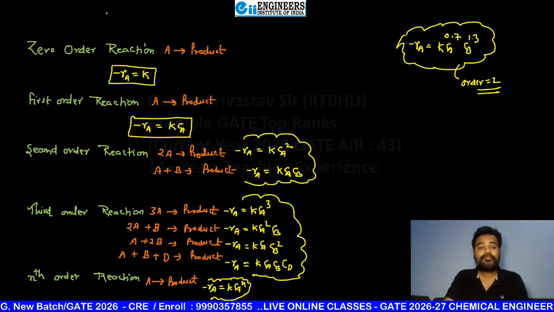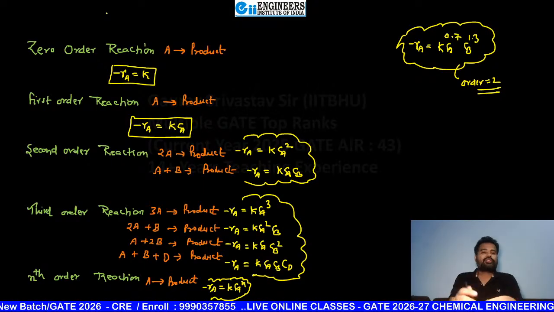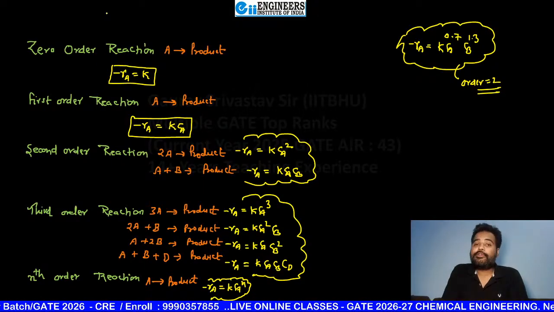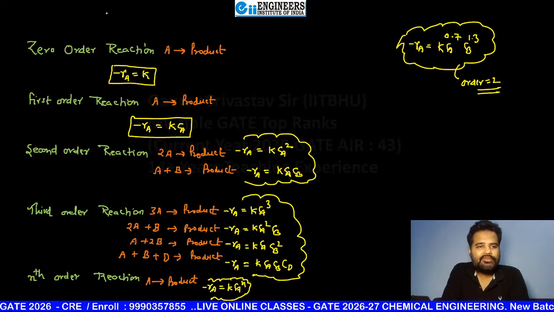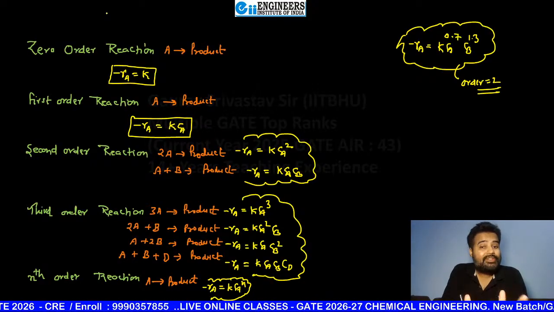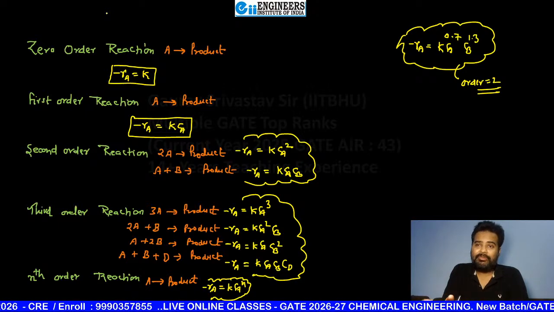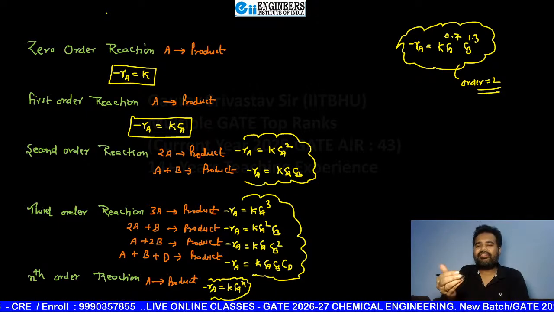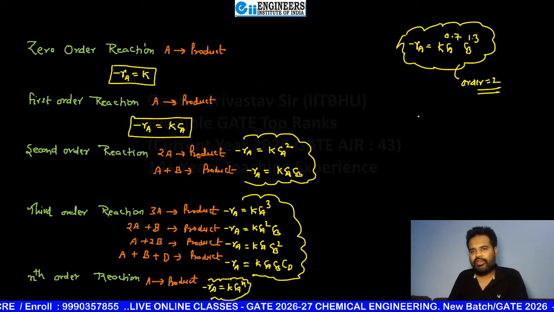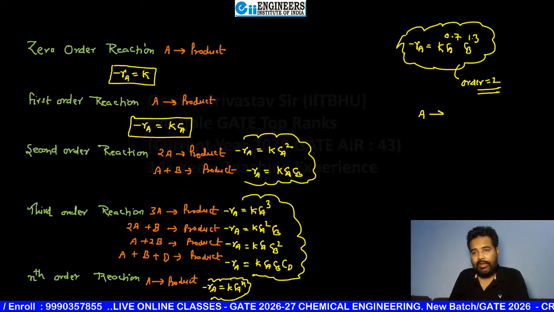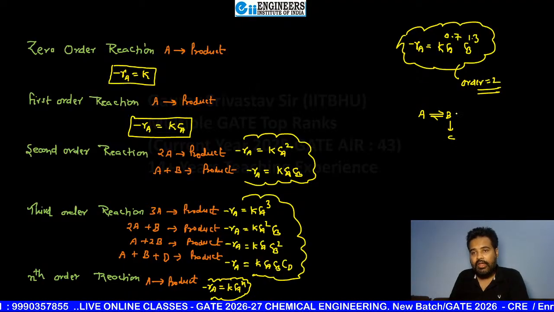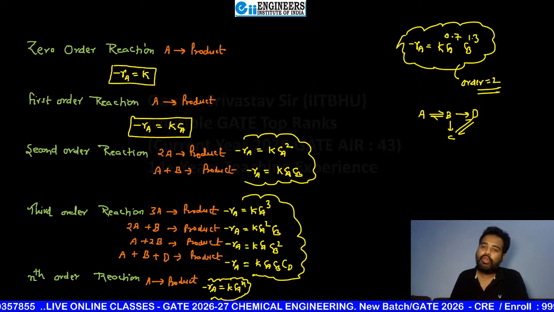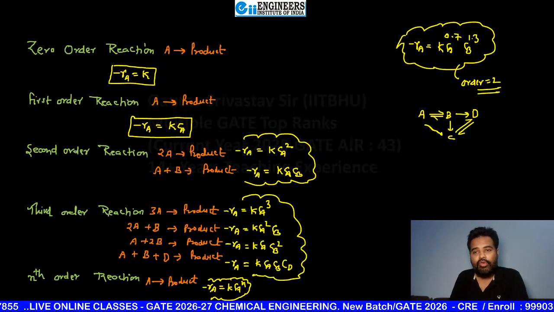Crystal clear, sir. Okay, so now I am going to discuss all these, and I will also show, along with the discussion, the PYQs asked from these topics. So these are not all types of reactions. There are many complex things you will see soon, like A is forming B, B is forming C, C is forming D, and maybe here also it is again going to react like this, and again it is going to react like this.